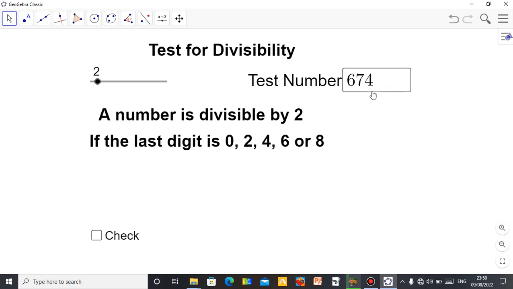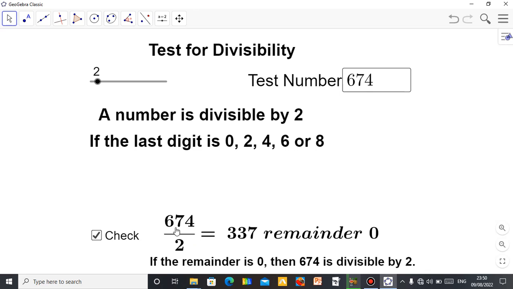And we say the last digit of the number must end with 0, 2, 4, 6, or 8 for us to know if it's divisible by 2 or not. And if I check it, you can see 674 divided by 2 is 337, remainder 0. Since the remainder is 0, then it's divisible by 2. So take note of that.